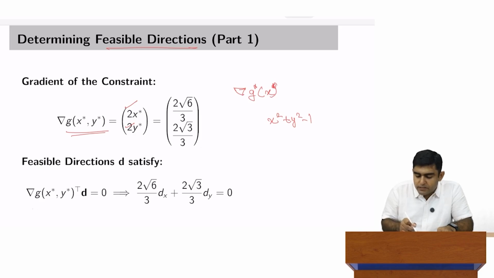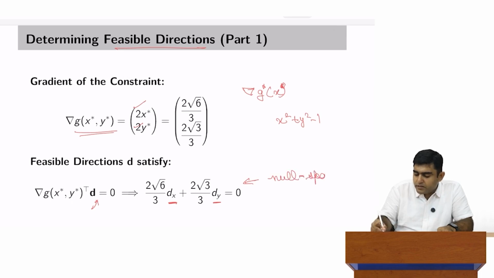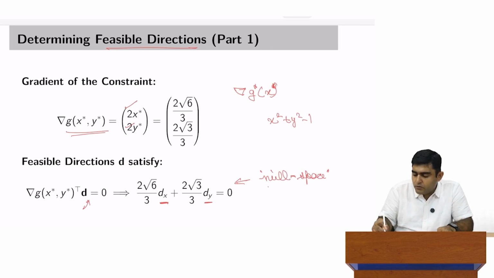Now, we have to satisfy this. So, we multiply it with dx and dy, and for this to be equal to 0, because this is the condition to ensure the null space requirement that we already spoke about, so that we never leave our constraint.